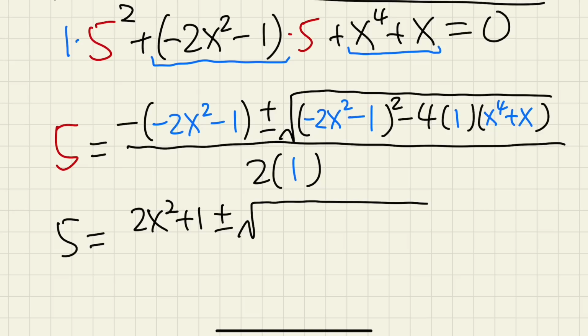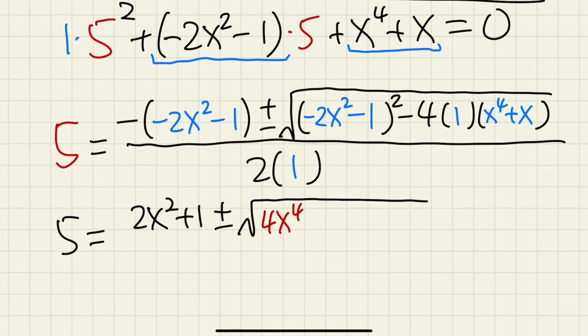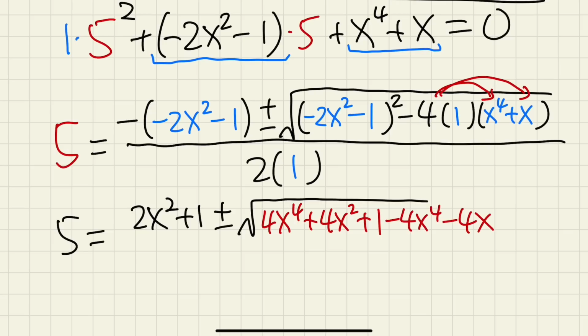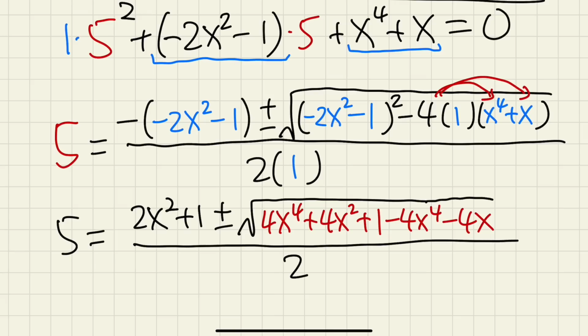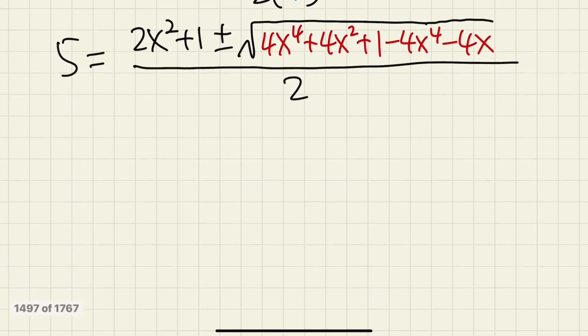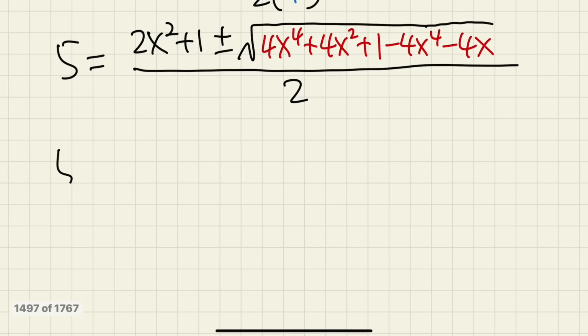So we will end up with 4x squared, so that's to the 4th power, and then plus 2 times this and that, which is 4x squared, and then we add 1 squared, which is 1. Then distribute the negative 4, we have negative 4x to the 4th minus 4x. And then this is all divided by 2. Now, we just have to simplify the inside a little bit more.